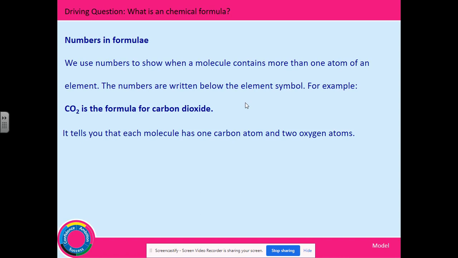It tells you that each molecule has one carbon atom and two oxygen atoms. That's what the formula is telling us. So if we look, we can see we have one carbon atom, and for every one carbon atom, we have two oxygen atoms.